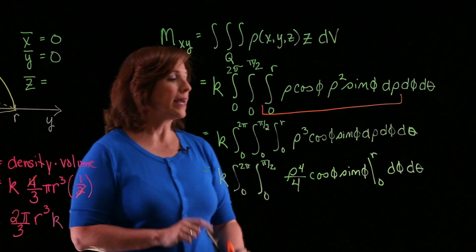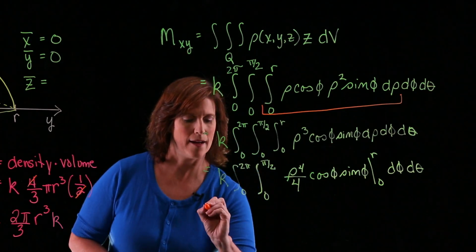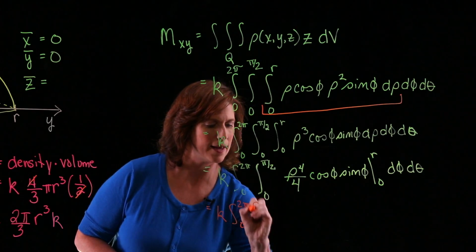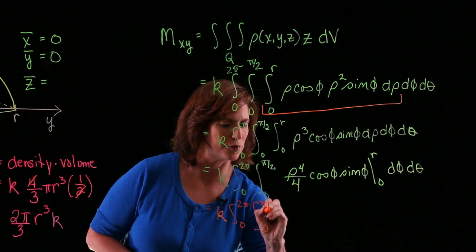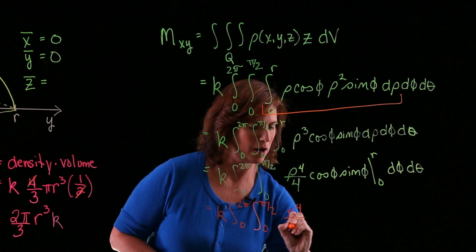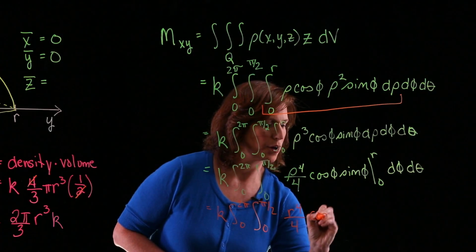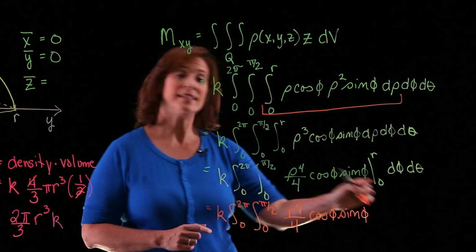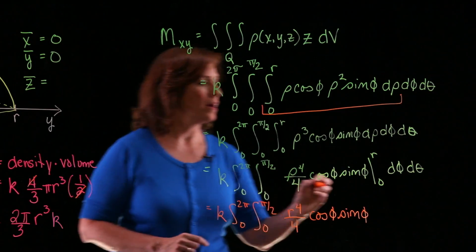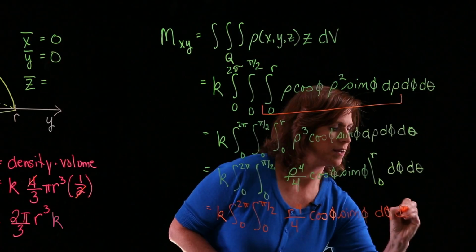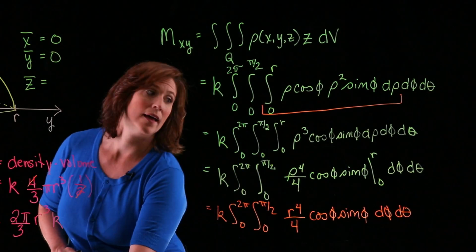Okay, plugging in my value r, I'll have k times the integral from 0 to 2 pi, the integral from 0 to pi over 2, r to the 4th over 4, cosine phi sine phi. When I plug a 0 in, this whole term will be 0. So I'm just left with my d phi d theta.